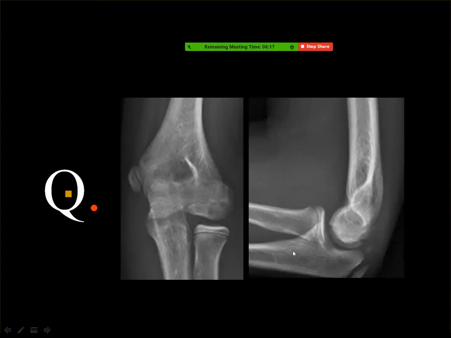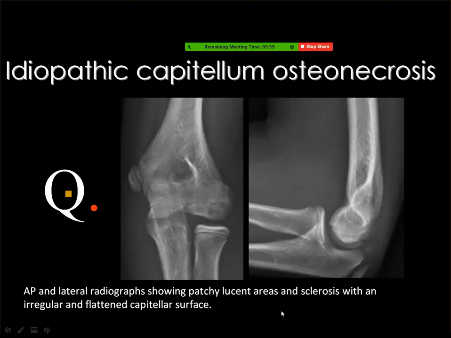No, this is the capitulum, you know. And there is a defect in the capitulum, which is known as an osteochondral defect of the capitulum, which is analogous to osteochondritis dissecans of the knee. And you know, we have two types of this lesion.